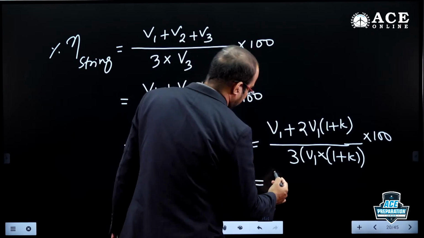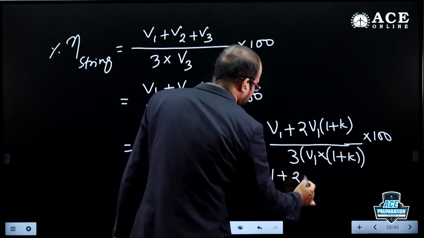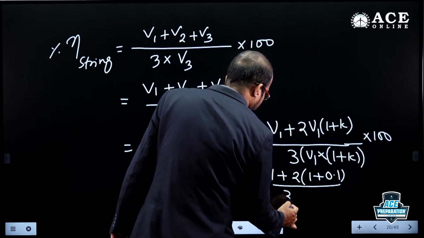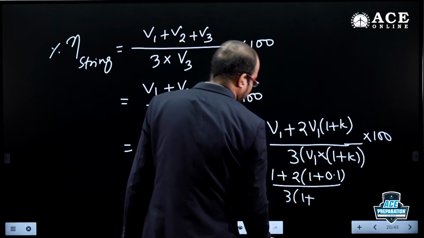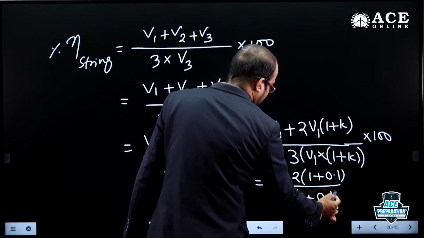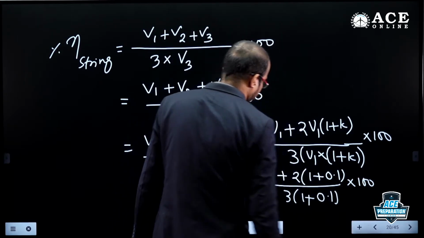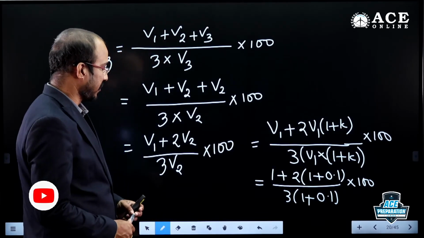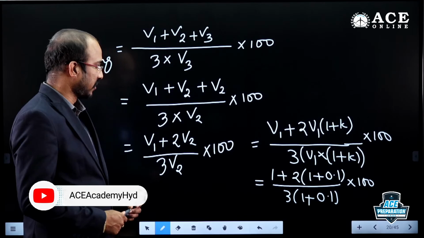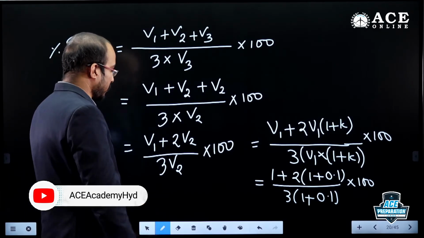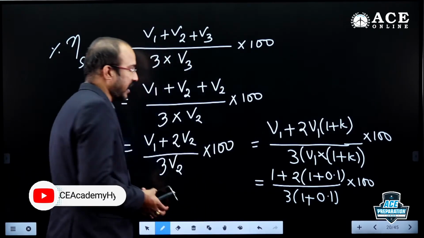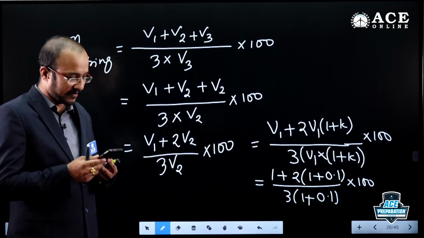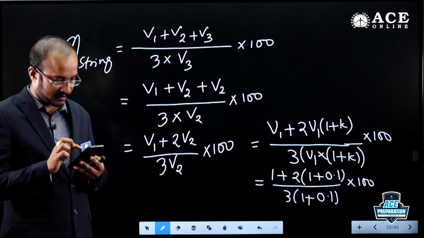String efficiency is (1 plus 2 into (1 plus K)) by 3 into (1 plus 0.1), into 100, where K value is 0.1. If you simplify this, you will get the string efficiency. Try to simplify this. How much do you get? Try to calculate the string efficiency and post the answer.